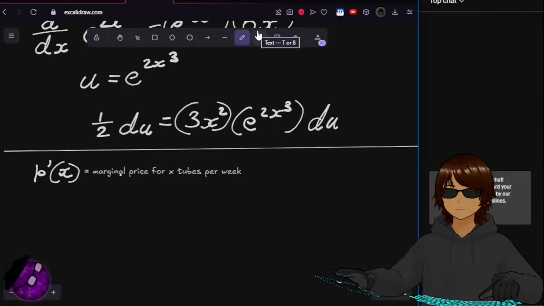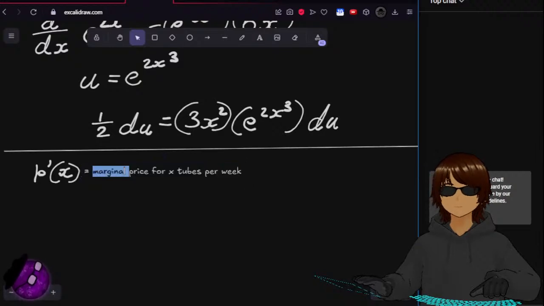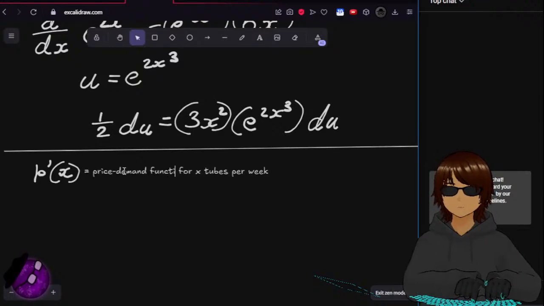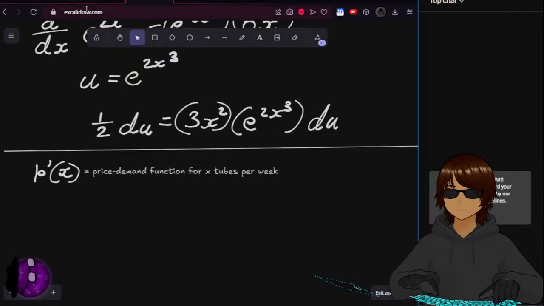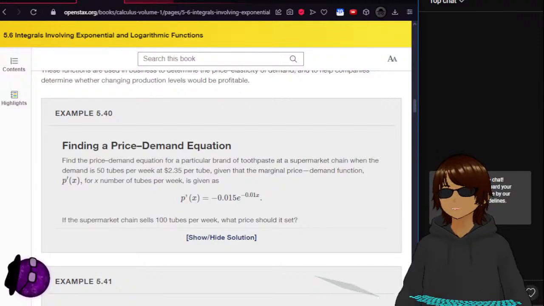Oh no. Price demand function. And the demand is 50 tubes per week at 2.35 per tube.